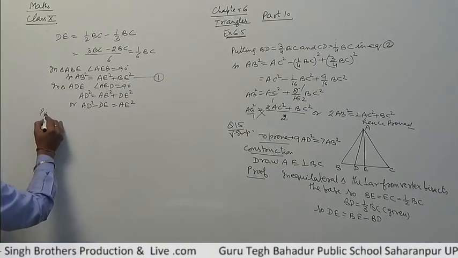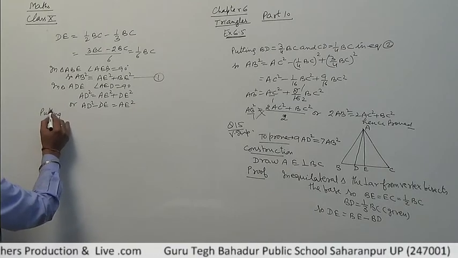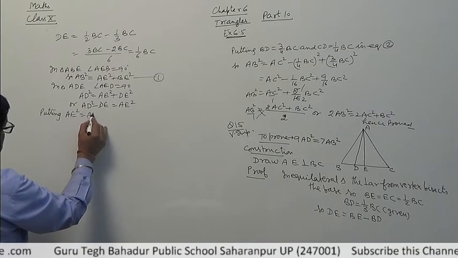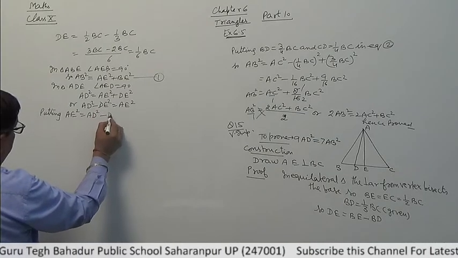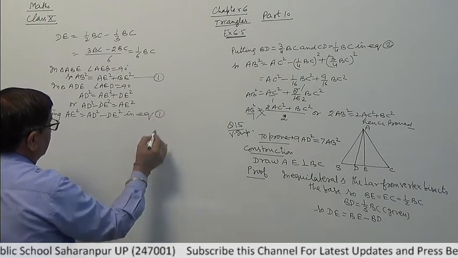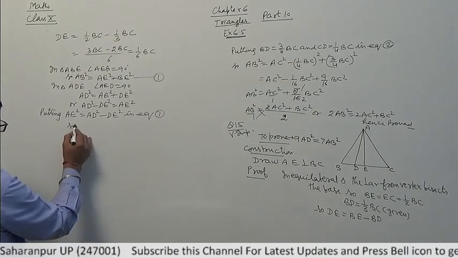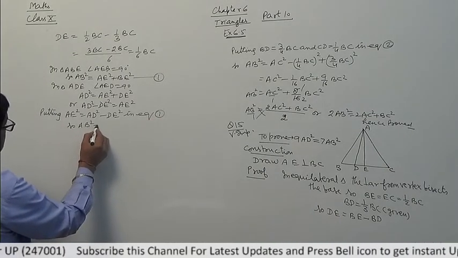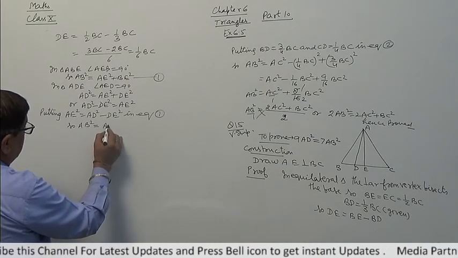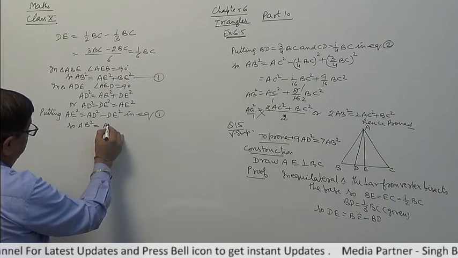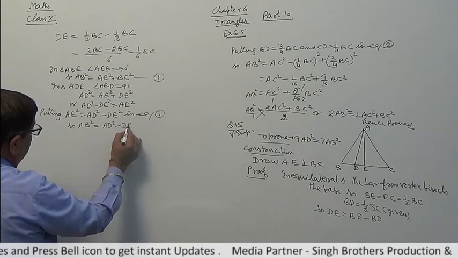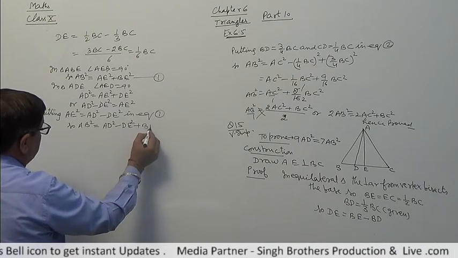Putting AE square is equal to AD square minus DE square in equation 1, it becomes AB square is equal to AE square plus BE square, where the value of AE square is AD square minus DE square.